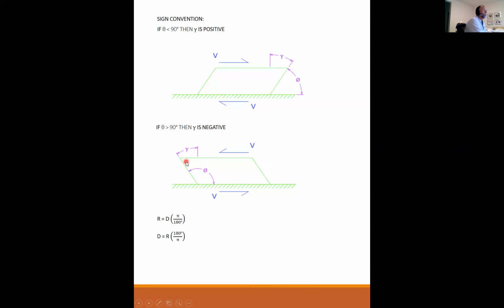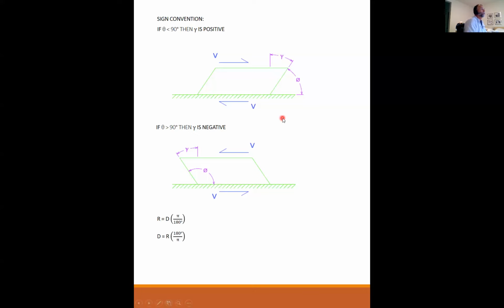How does that work? I don't have a good answer for you. This is the textbook definition. So as I'm looking at the problem, if it tends to shove it to the right, and it tends to make a reference angle measured on the right-hand side of the block get smaller, that's a positive shear strain. And this is the opposite.